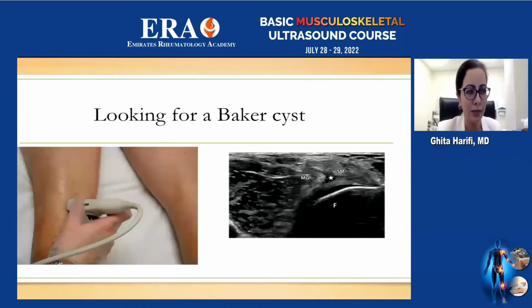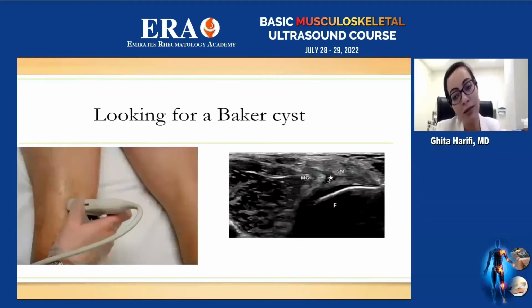The knee is extended, and the expected location for a Baker cyst is between the medial head of the gastrocnemius and the semimembranosus tendon. So in this area is where you're supposed to see a Baker cyst, if there is any.